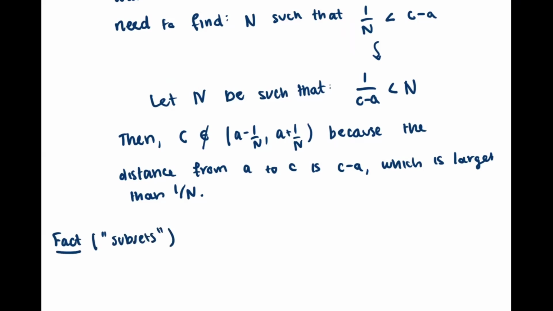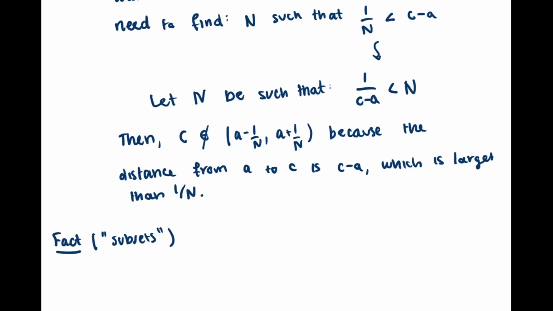What this says is that if I have a collapsing collection, and I have another set of intervals where each interval in my new collection is contained in the corresponding interval in my collapsing collection, then the new thing is also a collapsing collection.